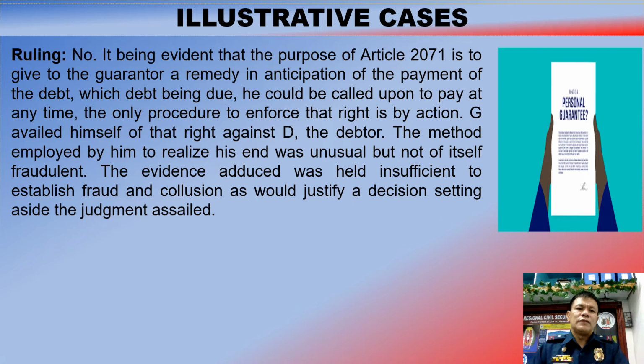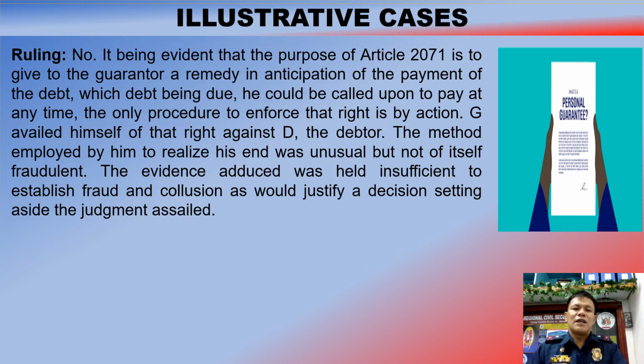Ruling of the court. No. It being evident that the purpose of Article 2071 is to give to the guarantor a remedy in anticipation of the payment of the debt, which debt being due, he could be called upon to pay at any time. The only procedure to enforce the right is by action.